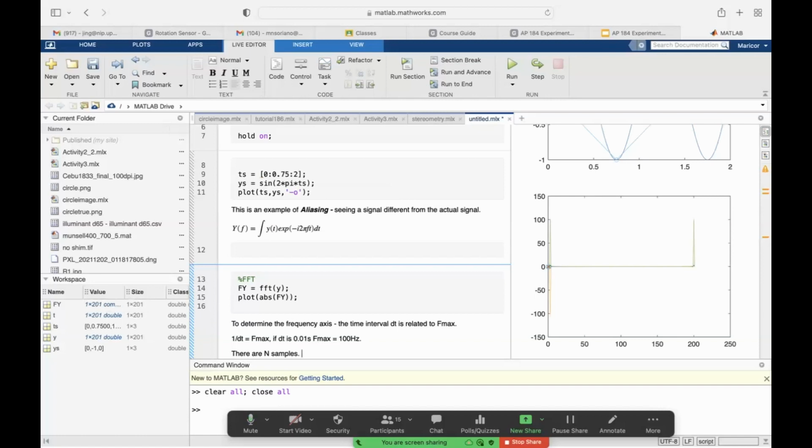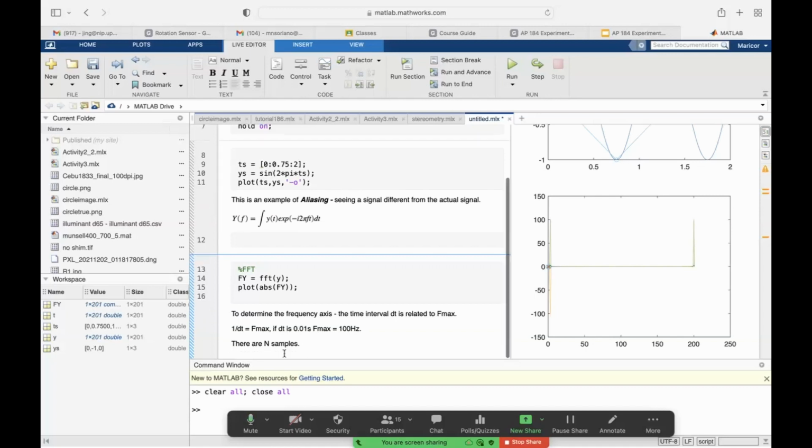For example, even though this is sampling 100 samples a second and you're sampling 2 seconds, don't forget that 0 is also a sample, which is why the number of samples is not 200 but 201 in this case. So if there are n samples, in our case it's 201.